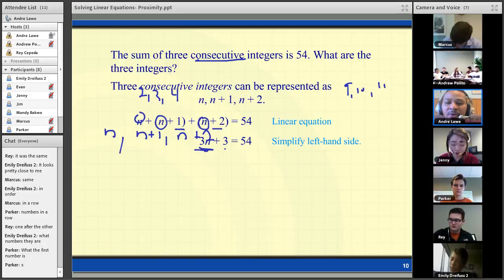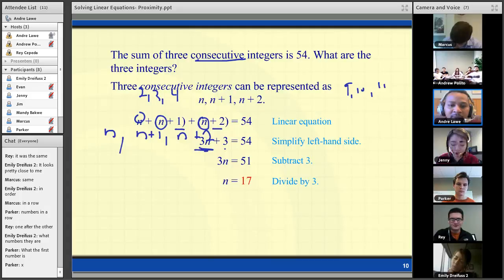We want to go ahead and use the addition property first. And so we'd subtract 3 on both sides. And then that would give us 3n equals 51.